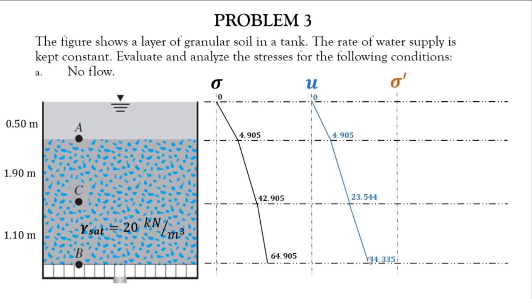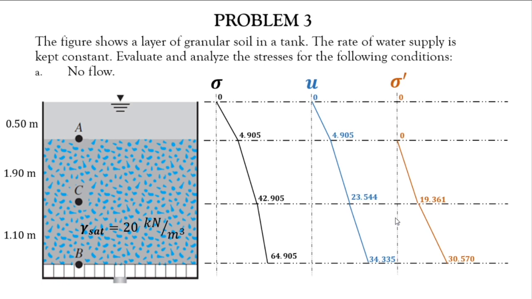Kaya, ang ating effective stress ay ito. 0 minus 0, 0. Ito, sa point A, 4.905 minus 4.905, 0 pa rin naman yan. And then, same as with other points sa point C and sa point B. So, ito yung value natin. 19.361, 30.557 para sa point C and point B respectively.